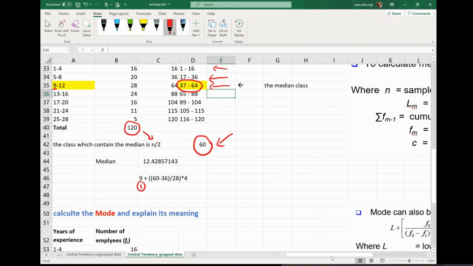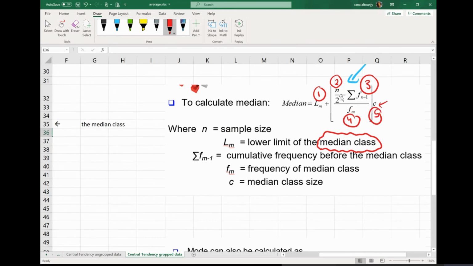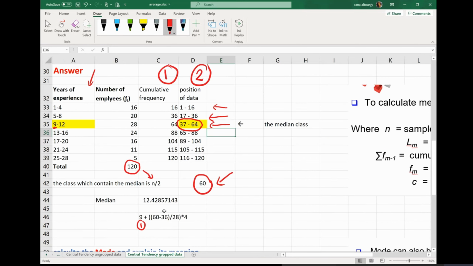If we go again to our equation, we need to put n divided by 2. n is the sample size. Then we need to put the sum of f_{m-1}, which is the cumulative frequency before the median class. I think here I calculated something wrong.